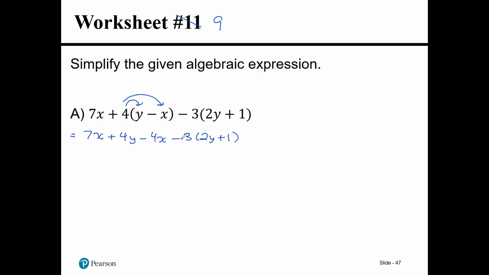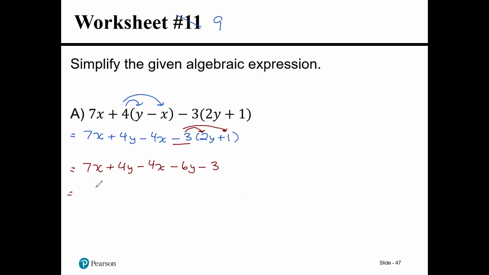We need to distribute this -3 across. So 7x plus 4y minus 4x, -3 times 2y. So the 3 times the 2 is -6y. -3 times 1, -3.